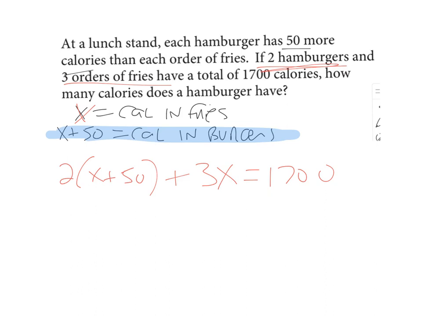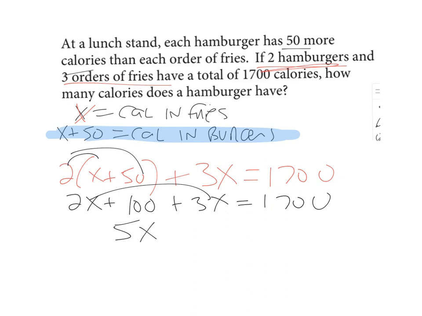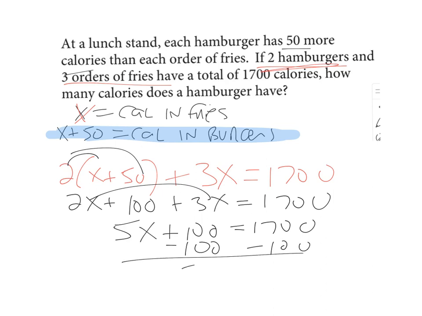So we need to try to figure out what x plus 50 is. So first let's figure out what x is. Here we'll distribute 2x plus 100 plus 3x equals 1,700. Or 2x and 3x is 5x plus 100 equals 1,700. Here we'll subtract 100, so 5x equals 1,600. And then we'll divide both sides by 5.